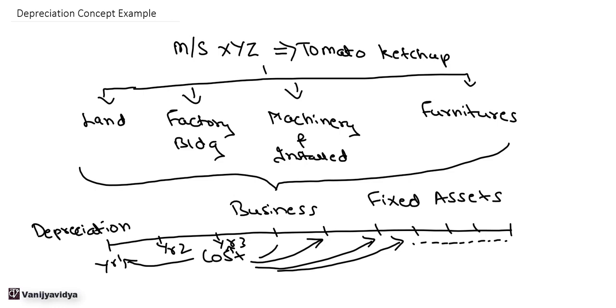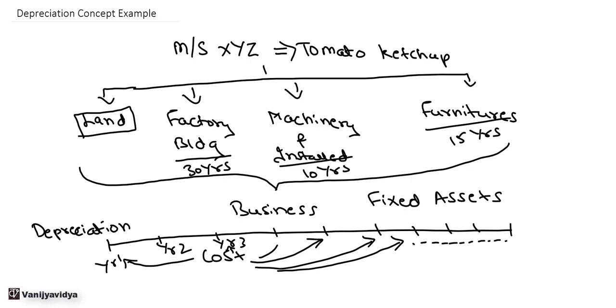Now, one more thing: land. Land is a non-depreciable asset, so there is no depreciation on land. Now let's assume that the estimated life of the factory building is 30 years, machinery is 10 years, and furniture is 15 years.